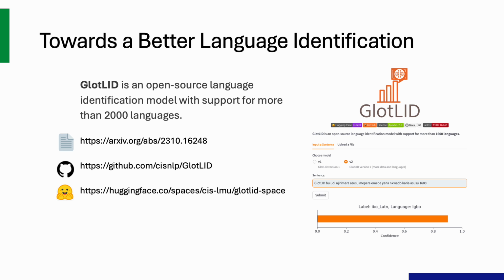But on the other hand, we also use the GlotScript resource to find out which of these language-script pairs really exist, and which the people of that language use. You can test it out on GitHub and also in our demo on Hugging Face.